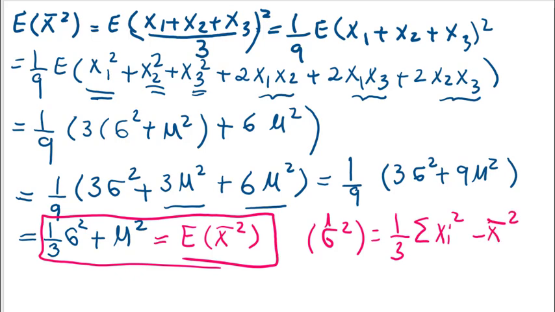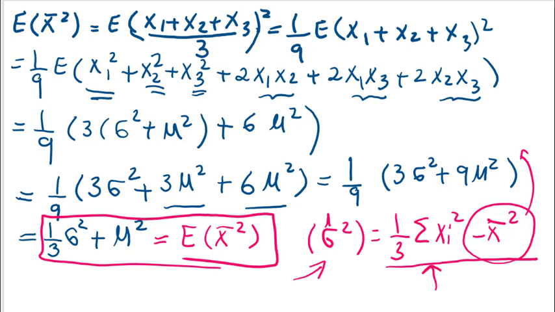So we want to prove what the expectation of sigma hat squared would be. So we want to get the expectation of this one. We did get the expectation of x bar squared in this slide. So we have to get expectation of 1 over 3 sum of xi squared. Okay?